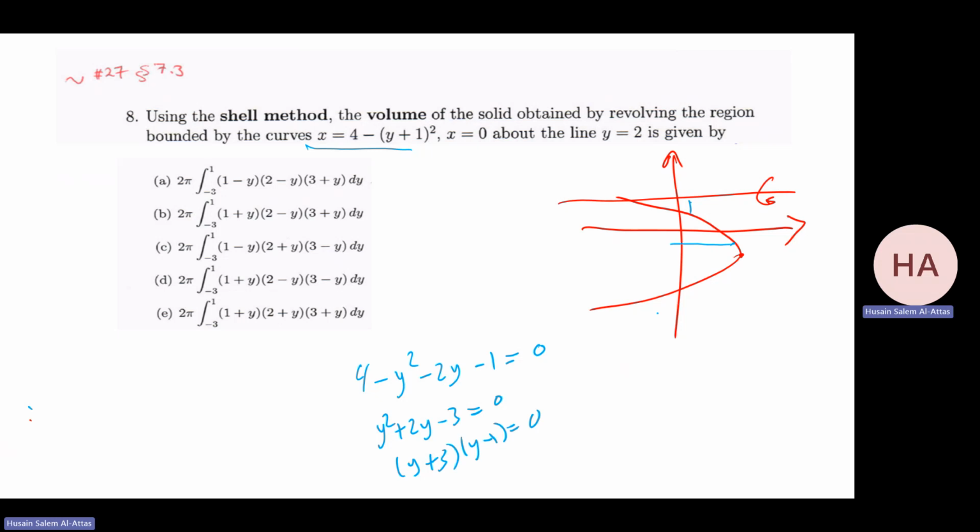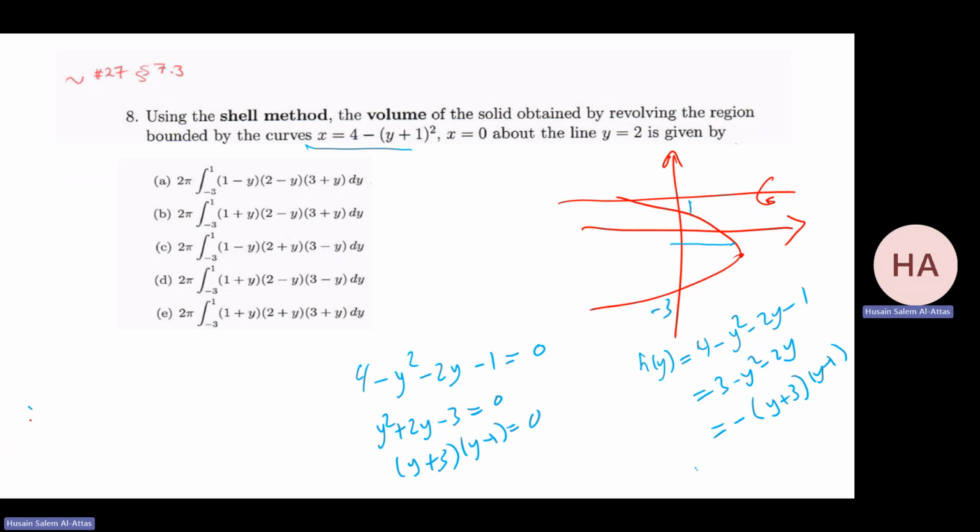So this is 1 and this is minus 3. These are the values. And h of y will be what? The parabola, which is 4 minus y squared minus 2y minus 1, which is, if I take minus, y plus 3 times y minus 1, like what we did here.